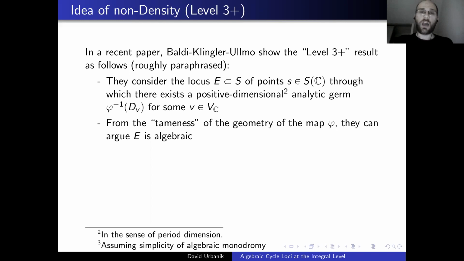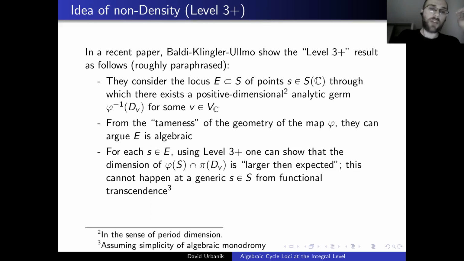Okay. And so really what you then have to show, because you're just trying to show that all these loci you care about lie in a proper algebraic subvariety of S, you have to show that E is not equal to all of S, right? That's all you have to show. And this you use the level 3+ assumption. What you do is you pick a very generic point of S, and then you look at how the period image of S intersects these D sub V's for some V that you expect to be there.